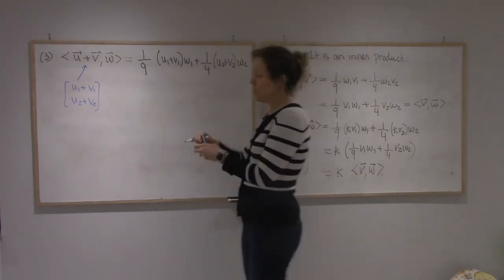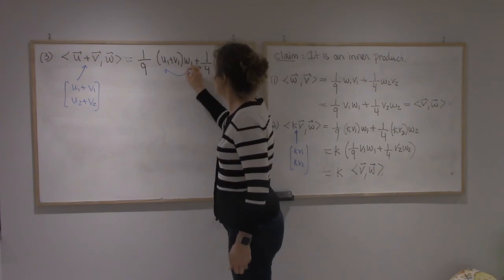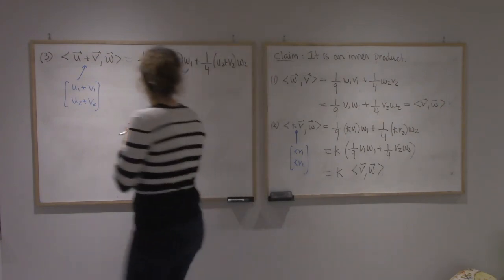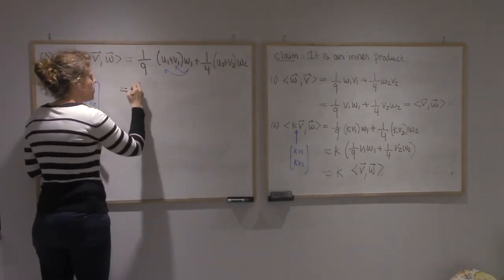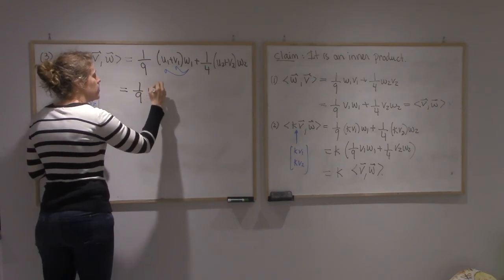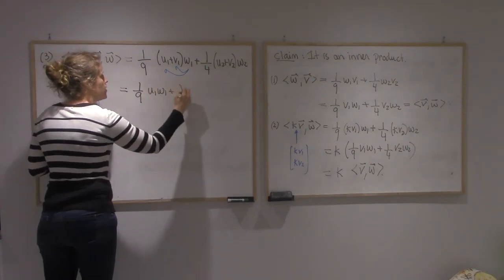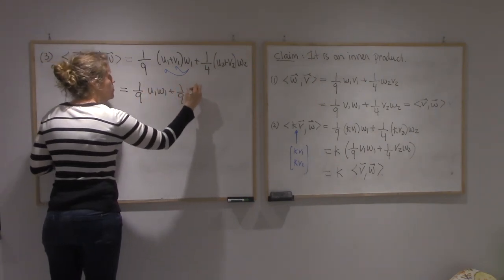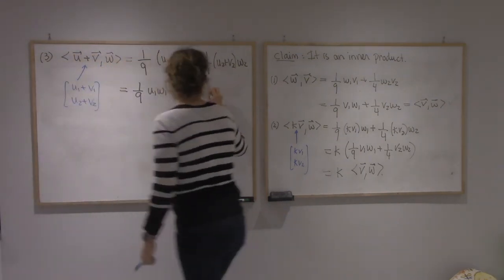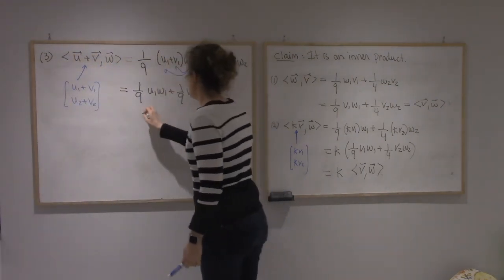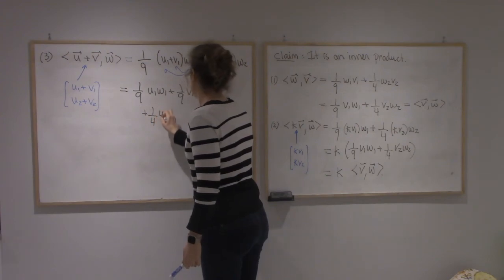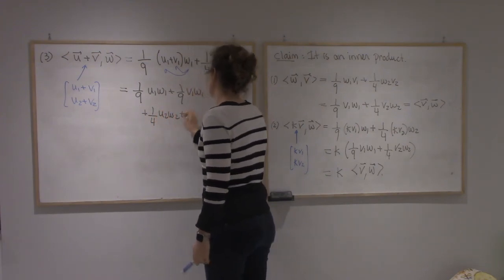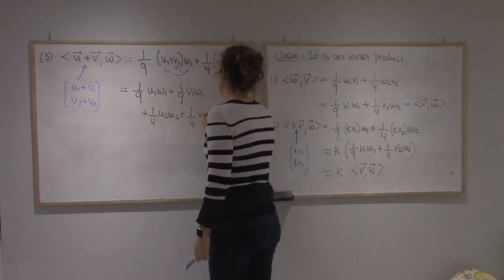Now these are real numbers, so I can distribute the w1 in. I will get 1 over 9 u1 w1 plus 1 over 9 v1 w1 plus 1 over 4 u2 w2 plus 1 over 4 v2 w2.